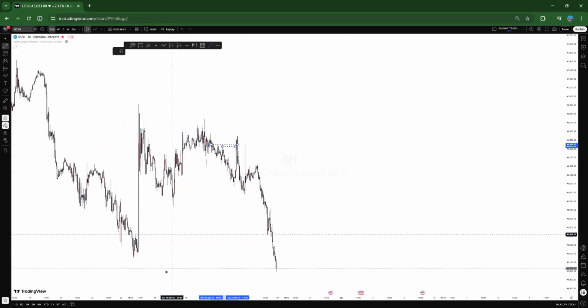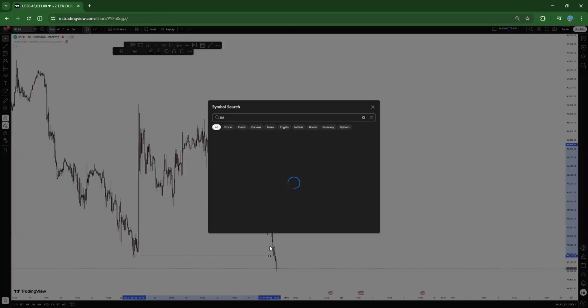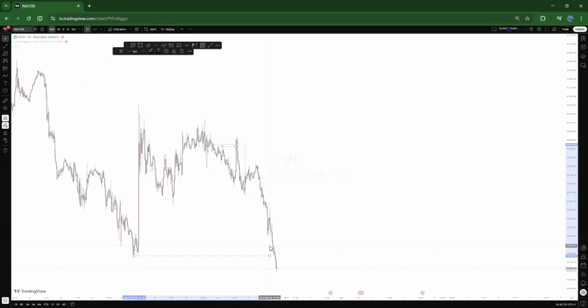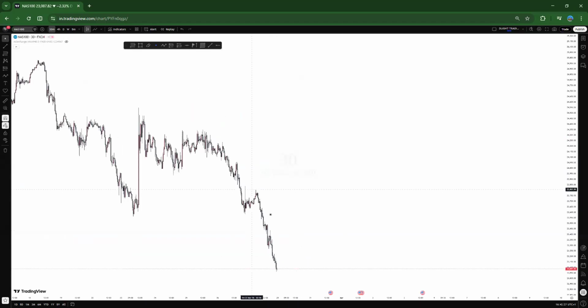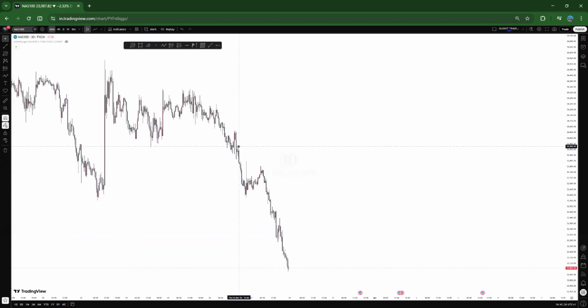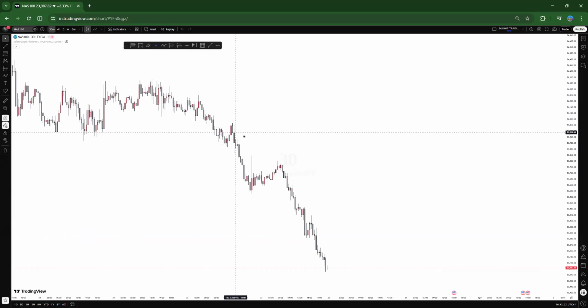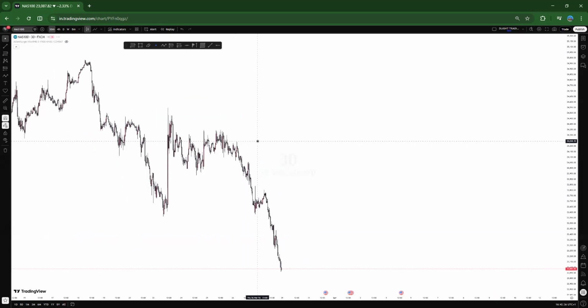Currently not in the trade at the moment. I was with NAS100. I wasn't triggered. I was waiting for price to come back into this particular candlestick, but price didn't. So we just move on. We move on, my friend. That being the case, that's all.